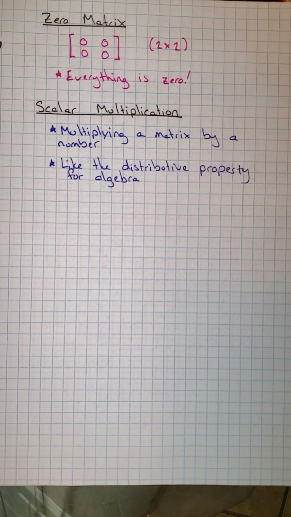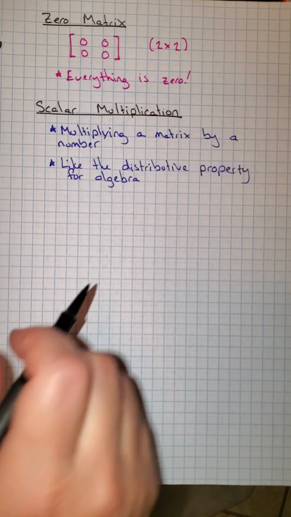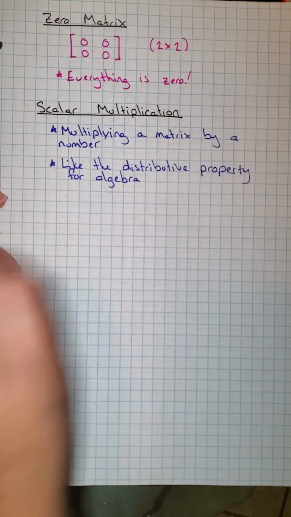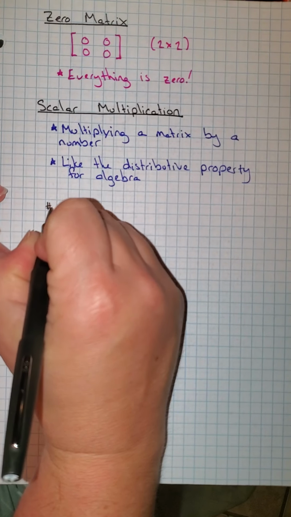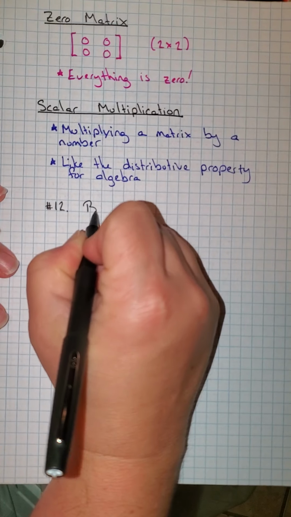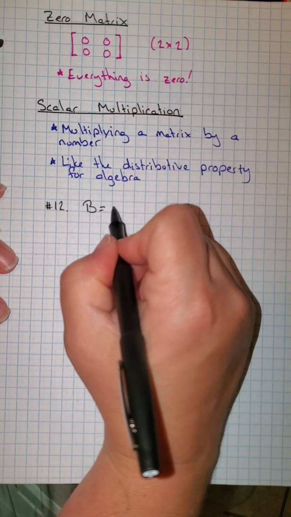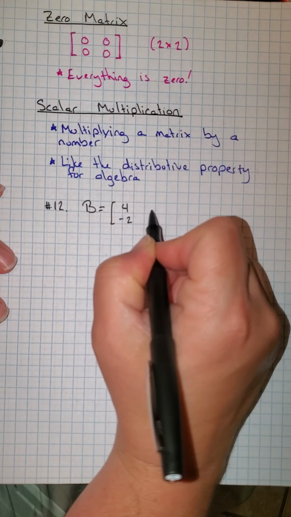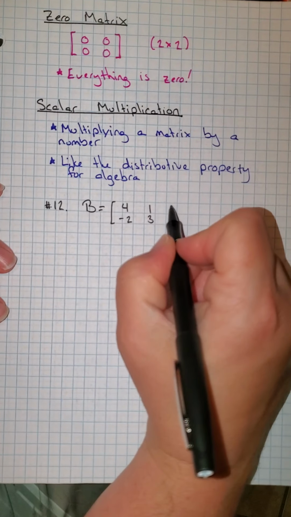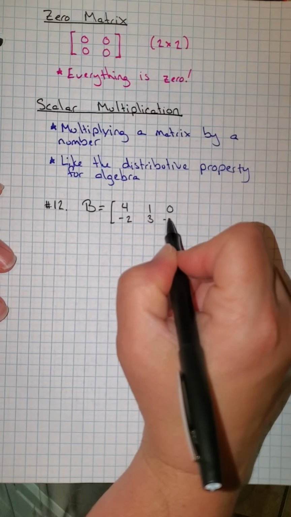Okay, so for example, on number 12, we have that matrix B from before. Same one. I'm not changing it. I'm just writing it down again. So we had matrix B. It was 4, -2, 1, 3, and 0, -2.